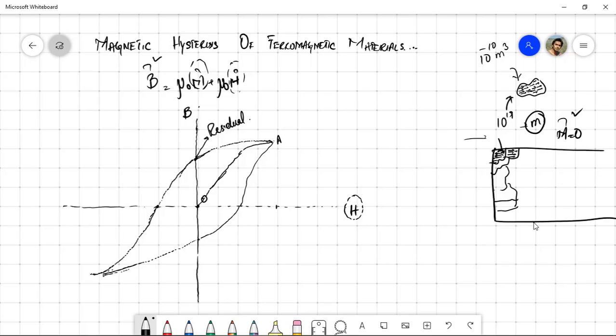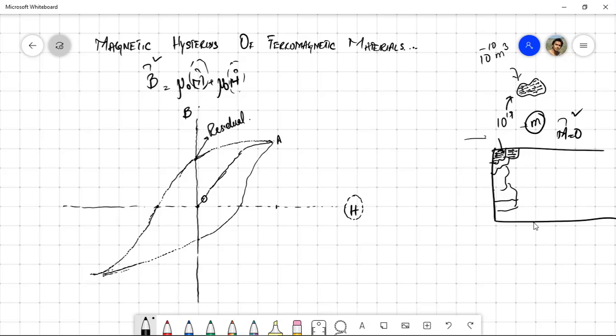Okay, so the specific shape and the extent of the hysteresis loop depends on the properties of the material and on the peak to peak range. This loop will tell us what type of ferromagnetic material we're talking about. It means that if this loop is wide, then we will say that this is a hard ferromagnetic material.